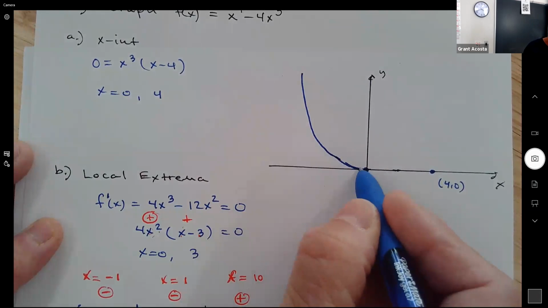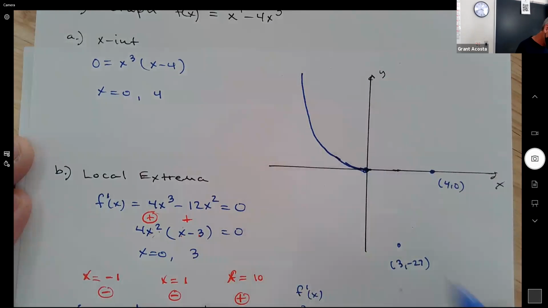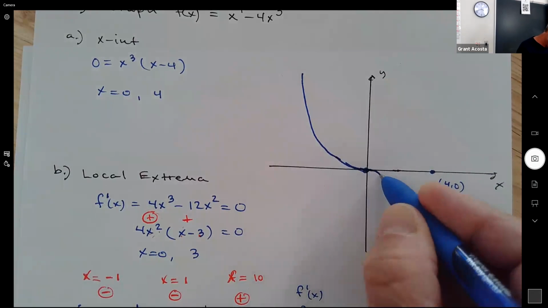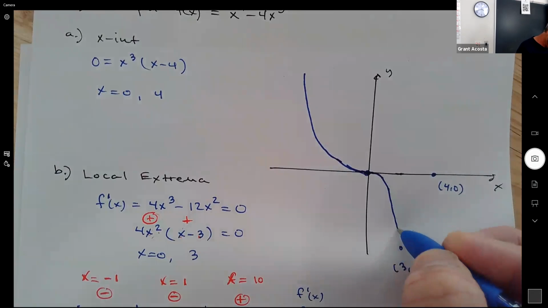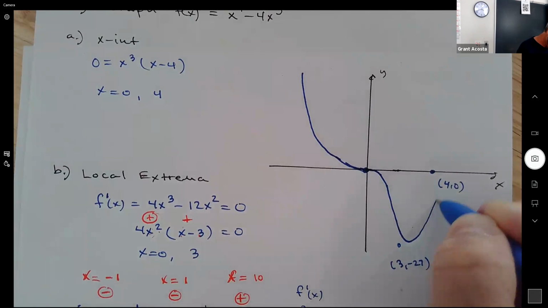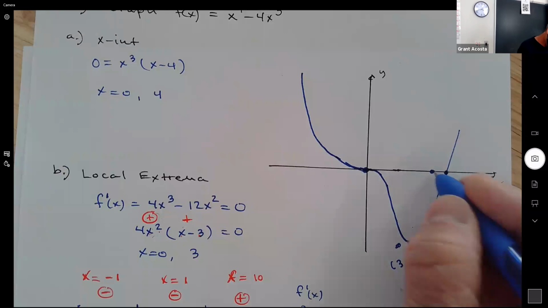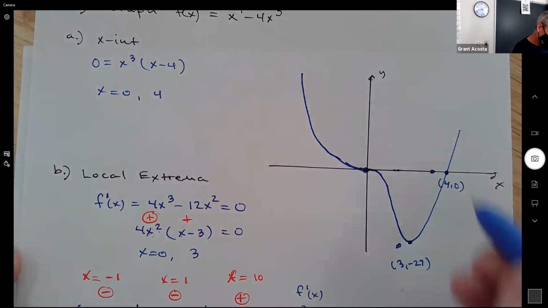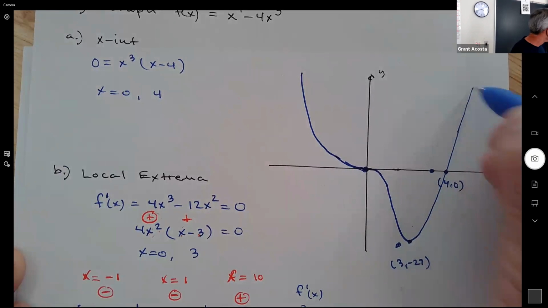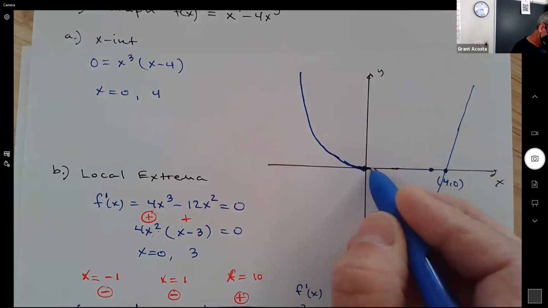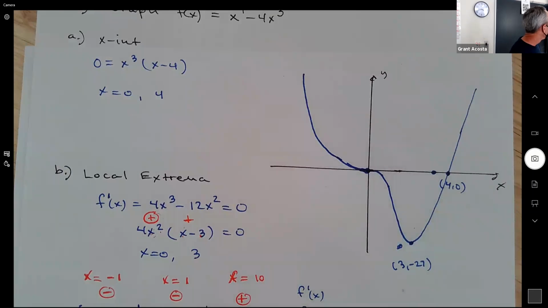To get flat like that, it's going to have to curve like a parabola. But then what happens after that is it's going to dip down to hit this point. Just get rid of those. That's my point now. And then it's going to increase forever. Horizontal tangent line right there.